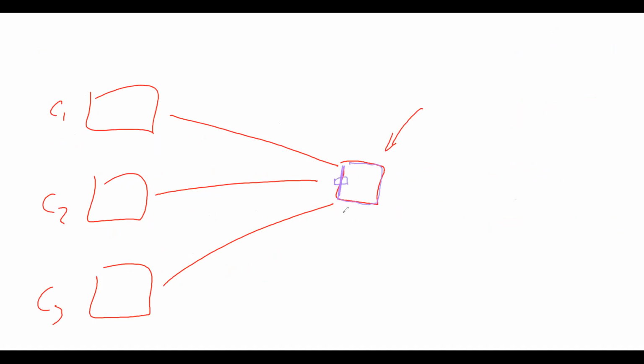So this one is listening on some port, and then it receives the output and processes it to arrive at a final result. So this is a poor man's Hadoop, if you will.